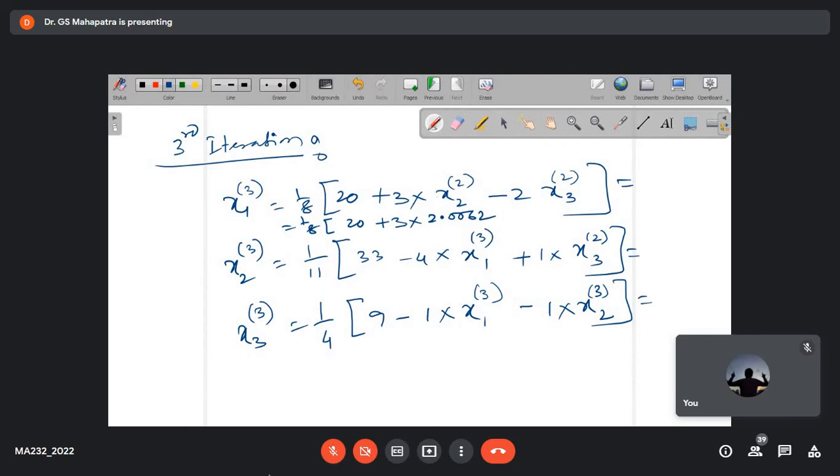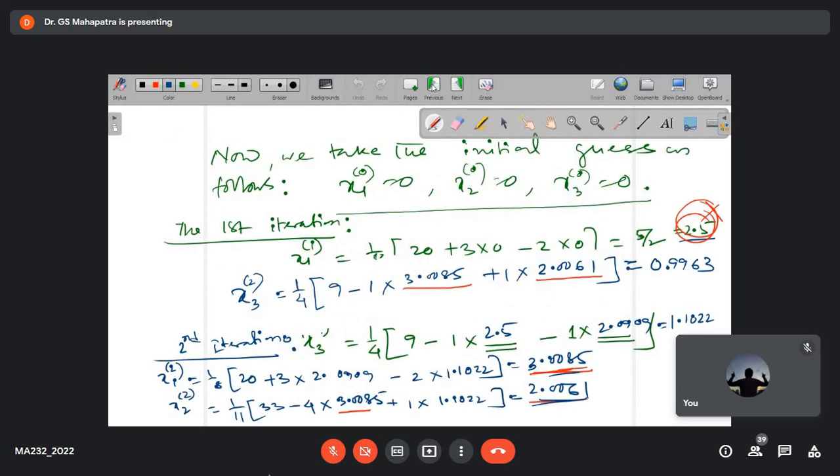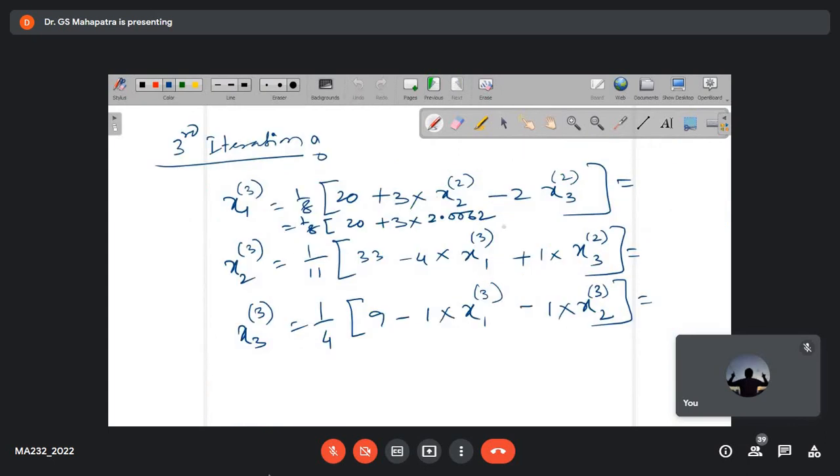Previous one, 2.0061, sorry, 61, then 1.09963, correct. Next one, not 62, it is 61, minus 2 into 0.9963. So what is the answer?